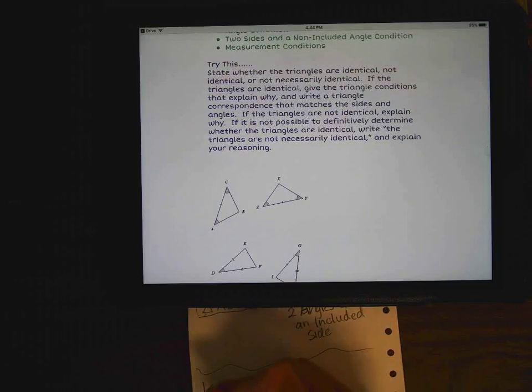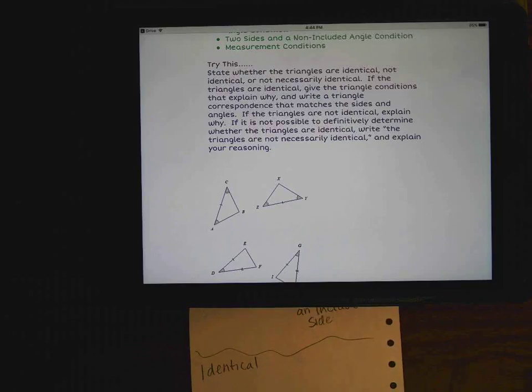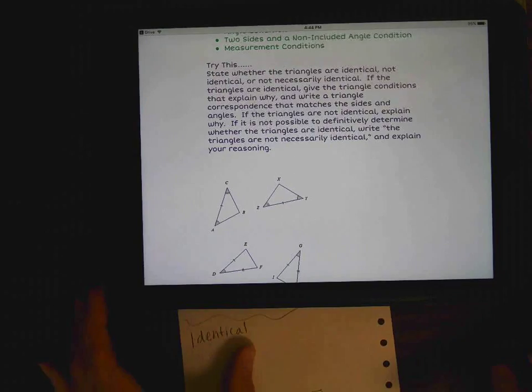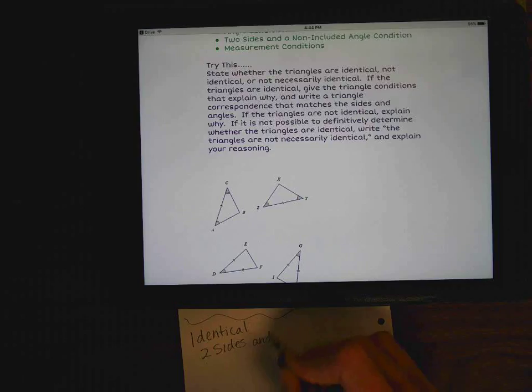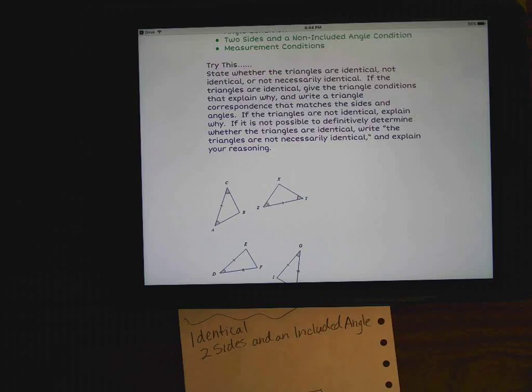So on this one, you're going to write identical. Okay, they are identical. The condition that proved it was two sides and an included angle. Okay, and now we have to do our triangle correspondence. Our triangle correspondence, we have to be really careful.